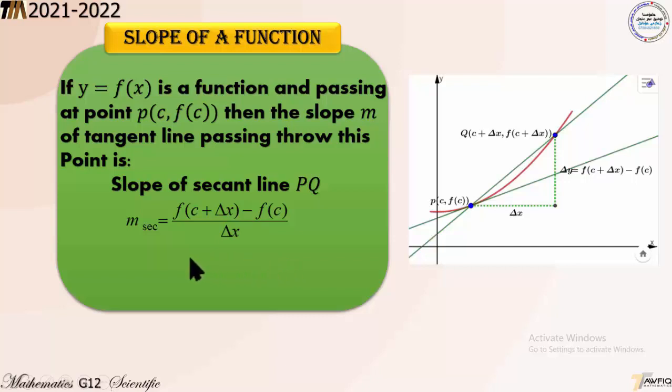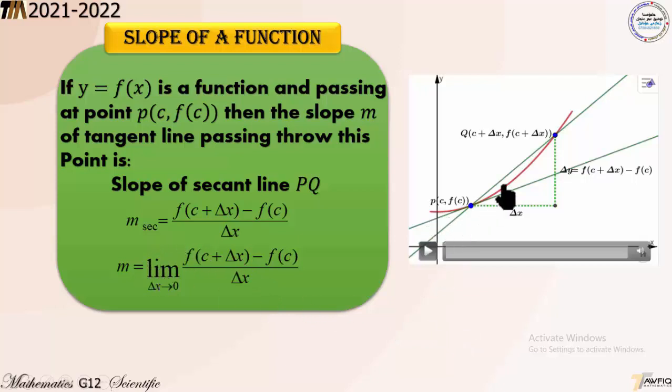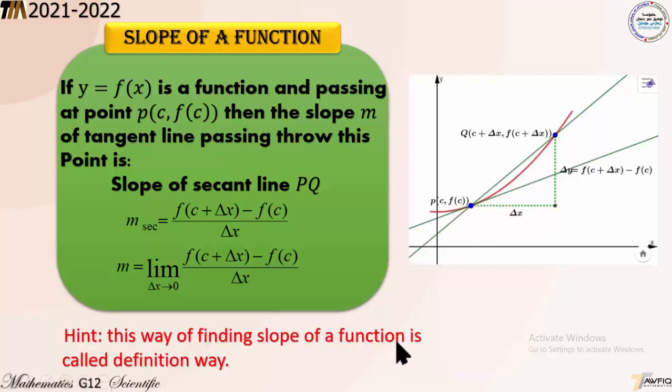That means the slope of the tangent line is the limit as delta x approaches zero of f of c plus delta x minus f of c over delta x. This is the slope of the curve at the point P. Be careful, this way of finding the slope of a function is called the definition way.